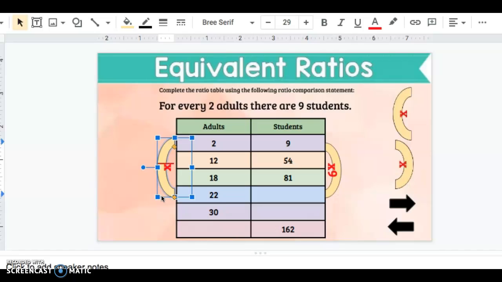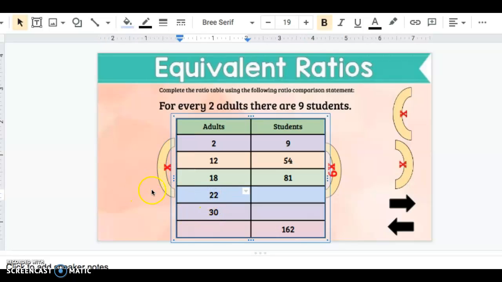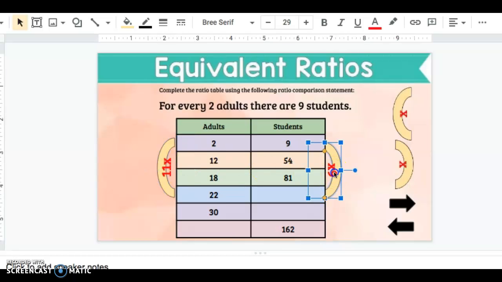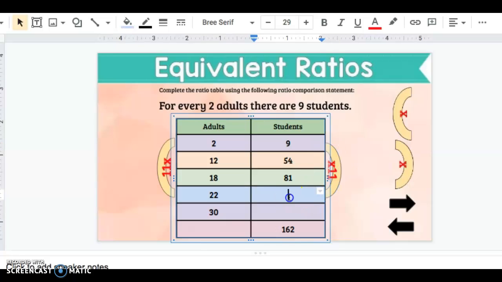Oh my goodness, 2 times what gets me 22? See, sometimes you gotta make sure you're paying attention to where the noodle's located. 2 times what gives you 22? 2 times 11 gives you 22. So again, what you do to one side, you have to do to the other. So you got to do 9 times 11. 9 times 11, 99.